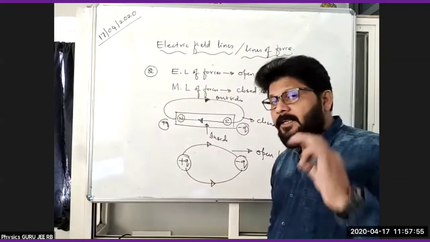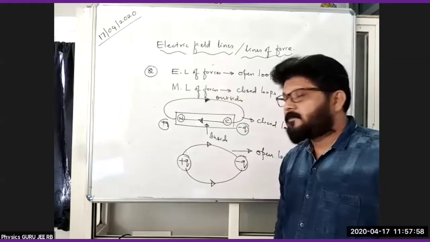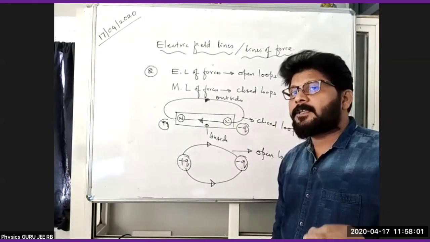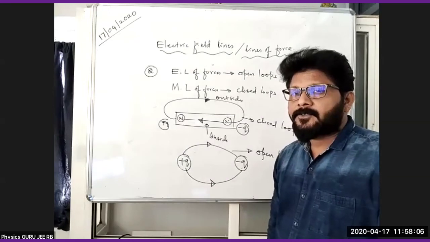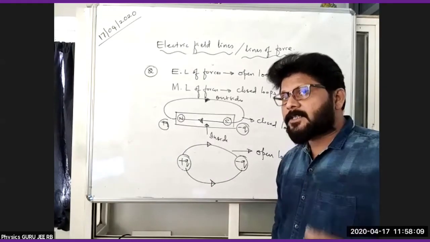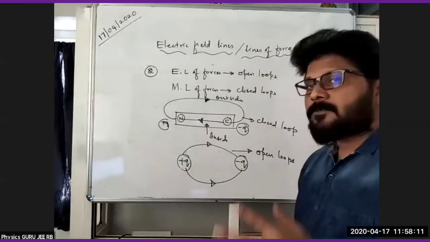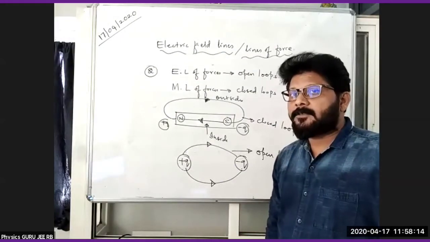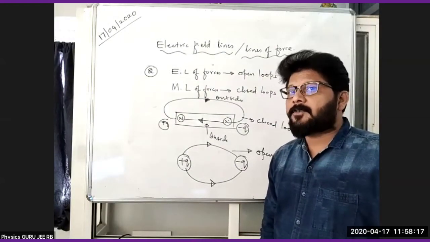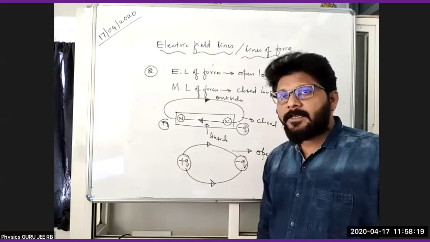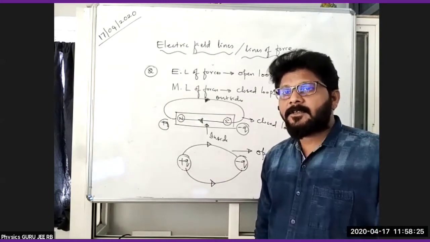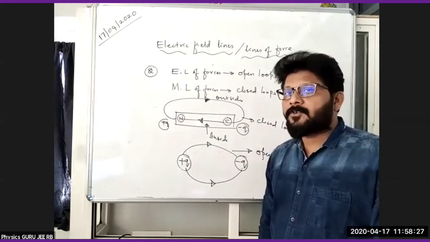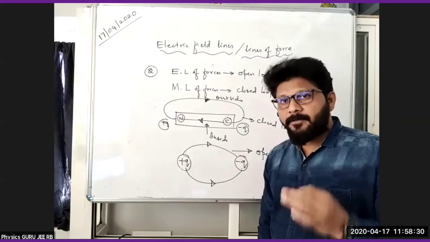And one more thing, very clearly saying to all the students: if you are thorough with these properties, then only you can give the correct answers for JEE questions. So carefully listen to what I'm saying. Try to understand and keep all the properties in mind. You have to revise the properties. Simply taking out the problem and doing it, this is not the thing. First, you should be thorough with the notes. Whatever notes I'm giving, be prepared with those notes.